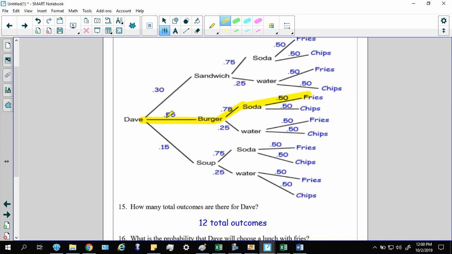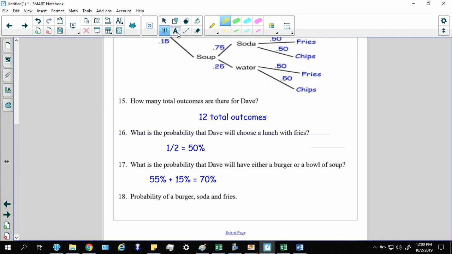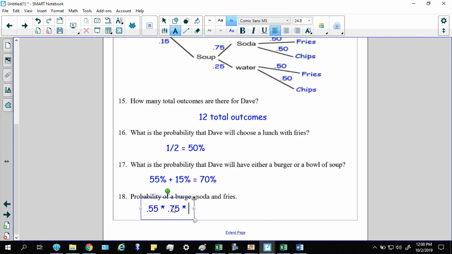So these three branches, I'm multiplying these together, so 55 times 75 times 0.50. So when I do the math, I get a rounded 21% chance. It's a rounded 21% chance.